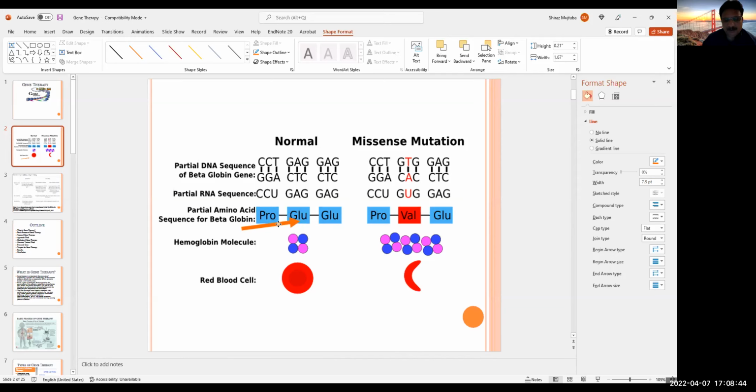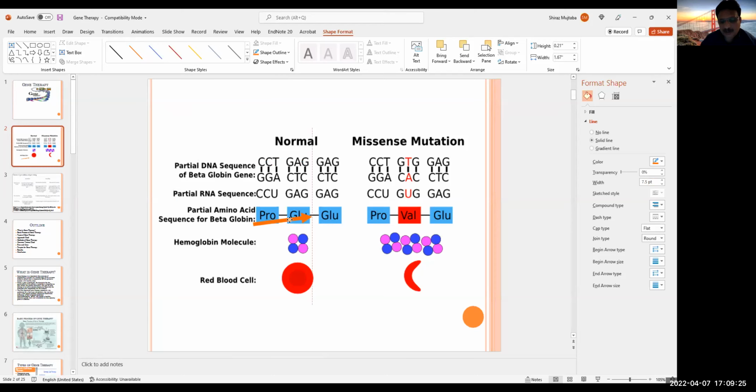GAG codes for glutamic acid, and if you go to the amino acid table, glutamic acid is a negatively charged amino acid. Because of the missense mutation, the A, which is a purine, gets mutated to T, which is thymine. So from purine to pyrimidine, this is a transversion, and this is a missense mutation because it's still coding for an amino acid, and the amino acid is valine.